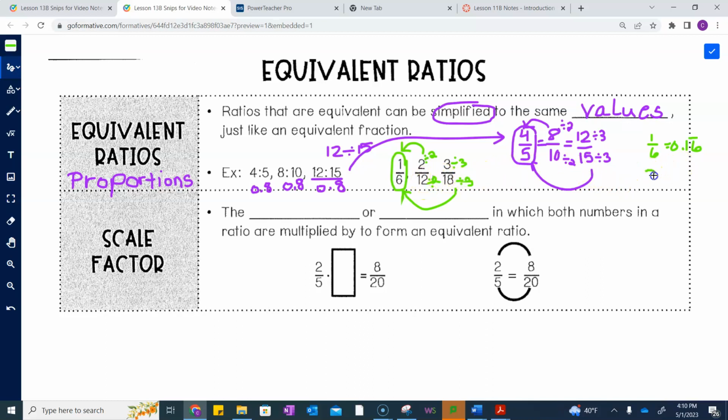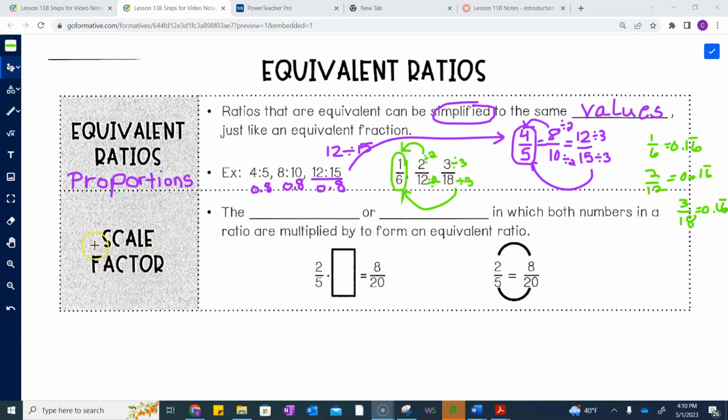When you divide 2 by 12, you will also get 0.16 repeating. And finally, if you divide 3 by 18, you will get the same value, 0.16 repeating. So ratios that are equivalent can be simplified to the same values, just like equivalent fractions.